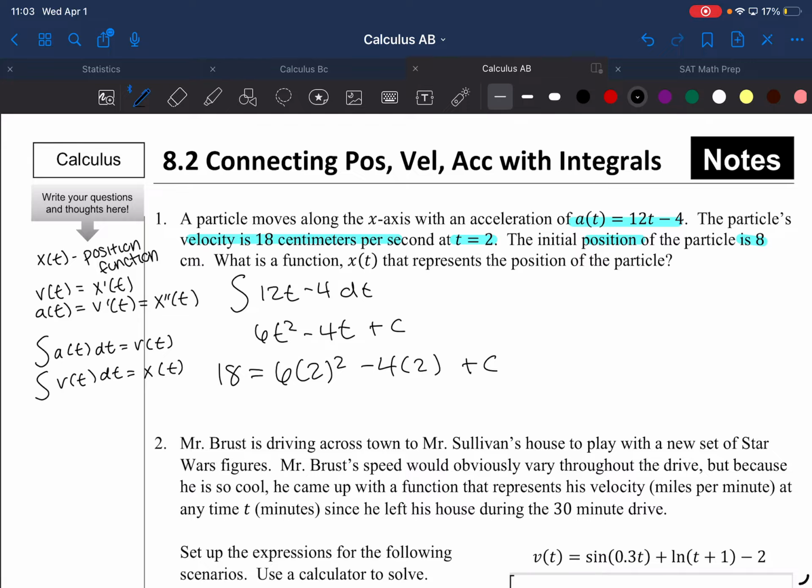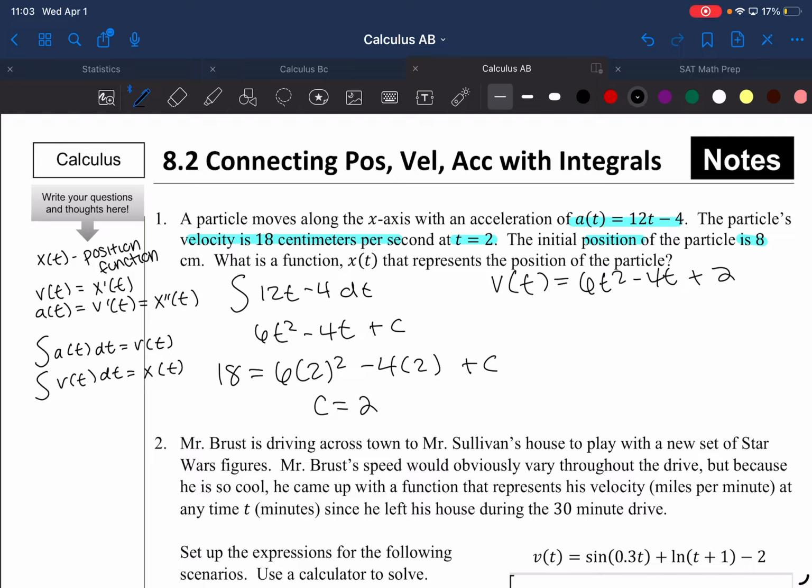So 2 squared is 4, 4 times 6 is 24, 4 times 2 is 8, so 24 minus 8. Move those to the other side, and we get c is equal to 2. We're just using algebra to combine that. So now we have the velocity equation: v of t is equal to 6t squared minus 4t plus 2.